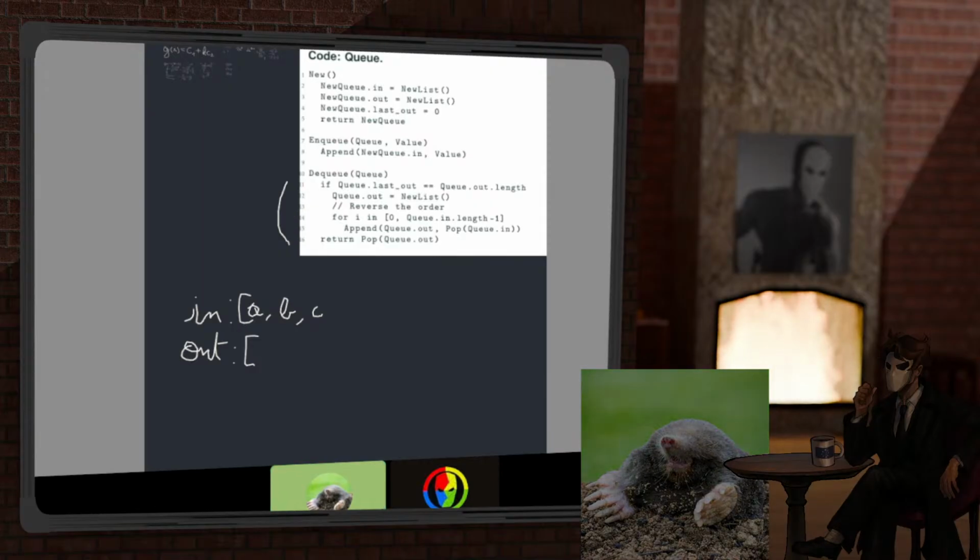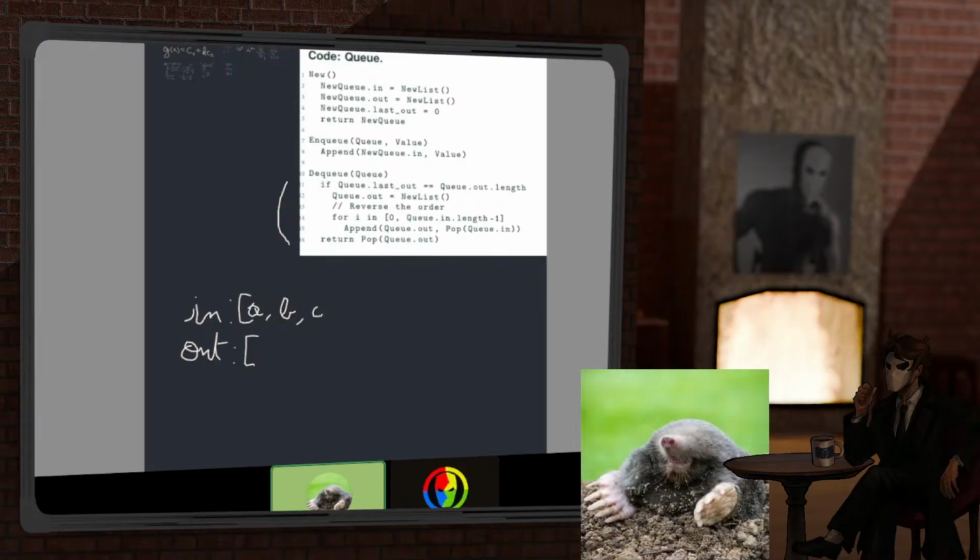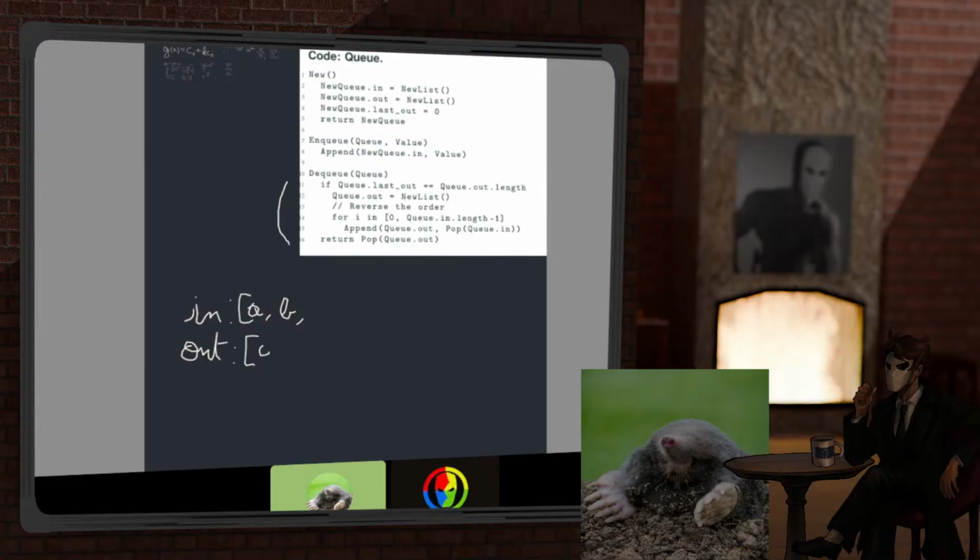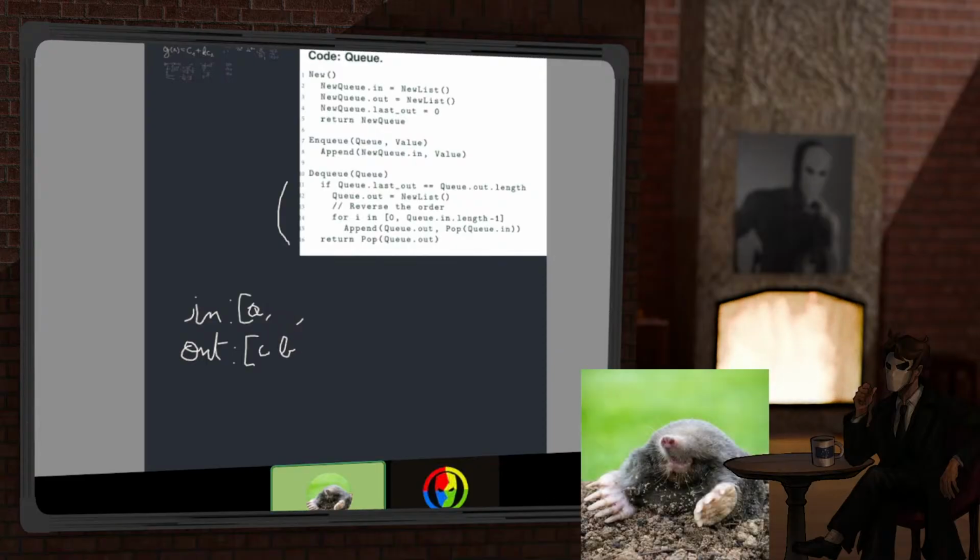Since we are moving the values one by one, this takes about as many operations as the number of inputs we had in the input list.